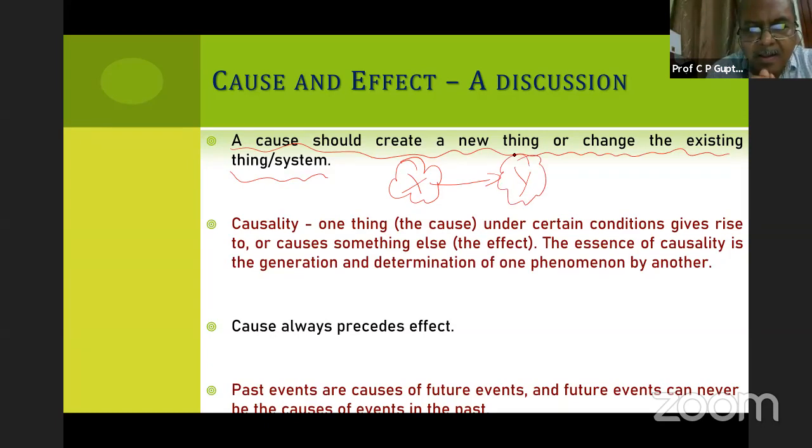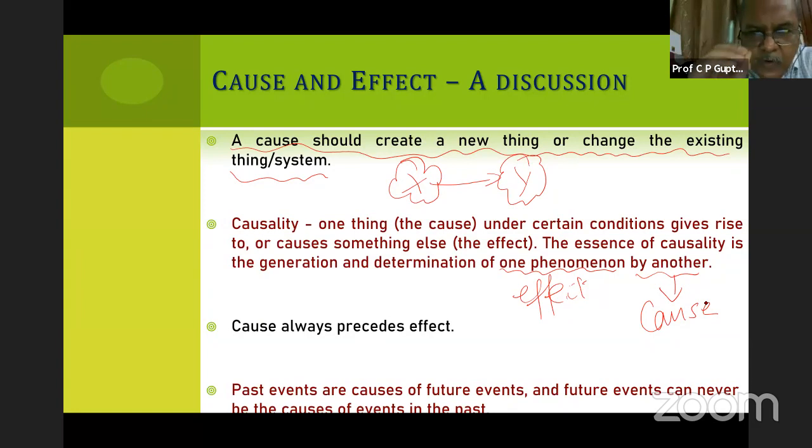Causality means one thing which is called cause, under certain conditions, gives rise to or causes something else which is called the effect. The essence of causality is generation and determination of one phenomenon by another. So what we determine is called the effect, and what is being determined by another, that is your cause.